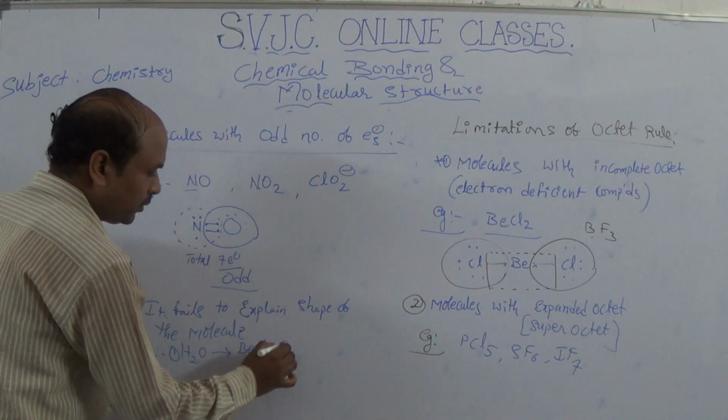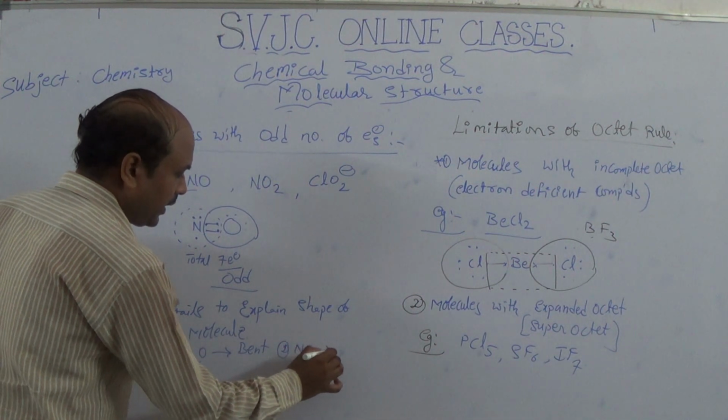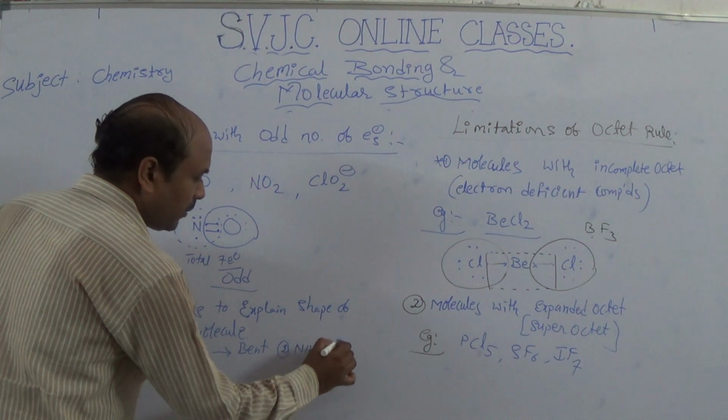One more example, NH3, has a pyramidal shape.